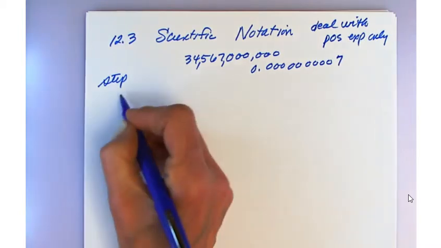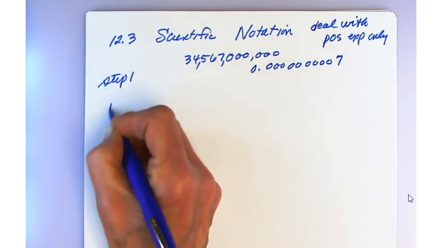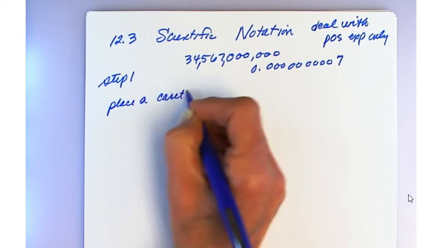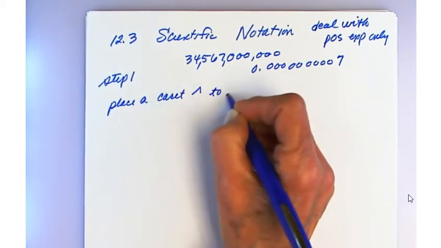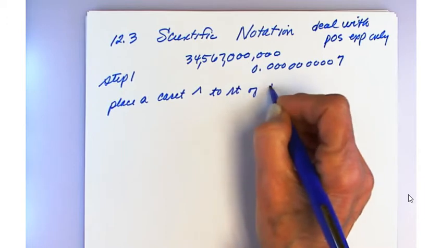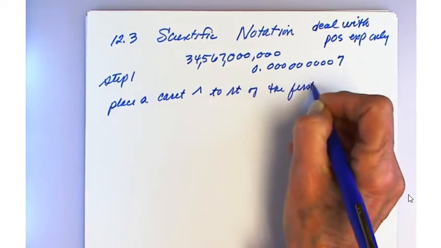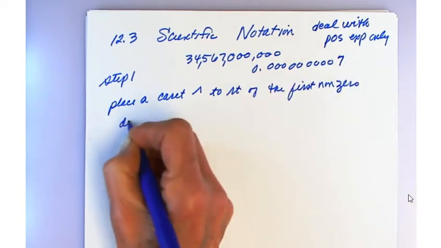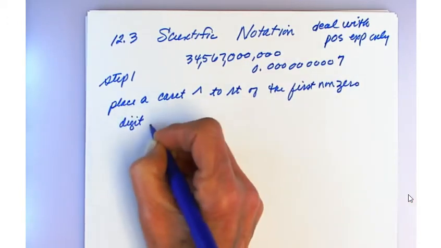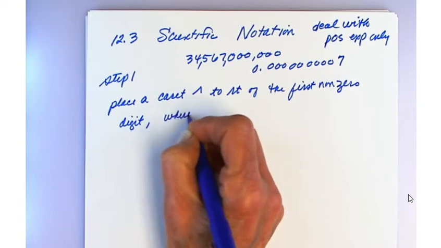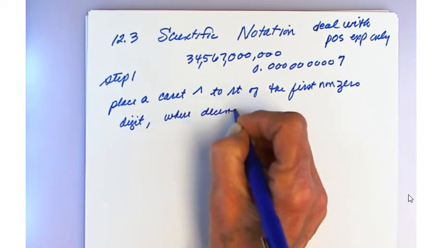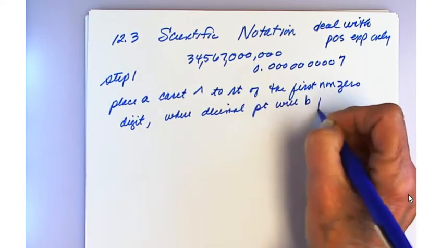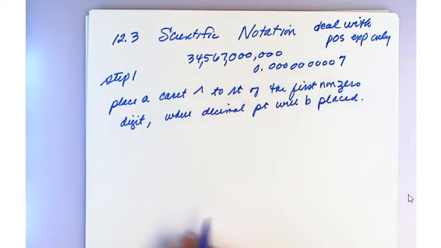So step 1, we're going to place a caret to the right of the first non-zero digit, where the decimal point will be placed. Okay, that's step 1.